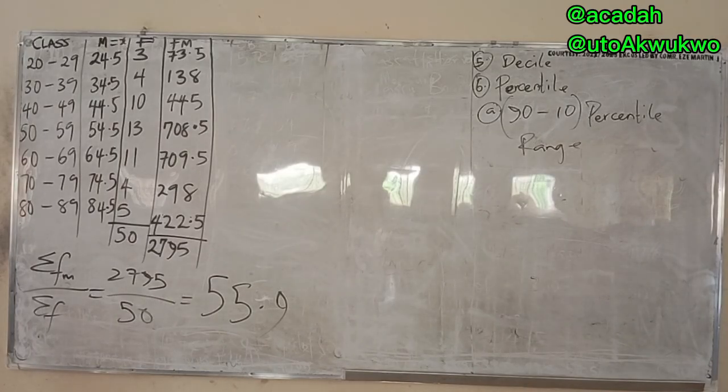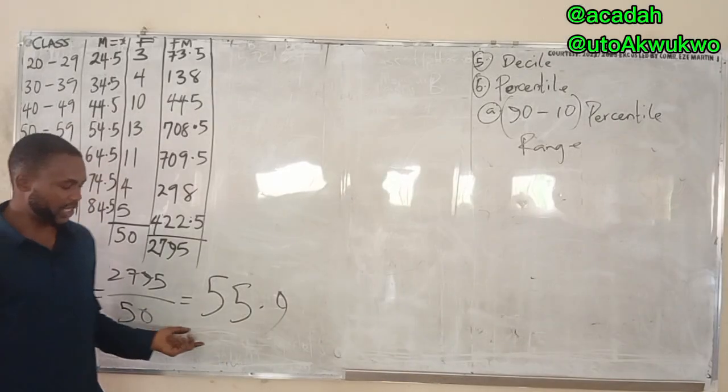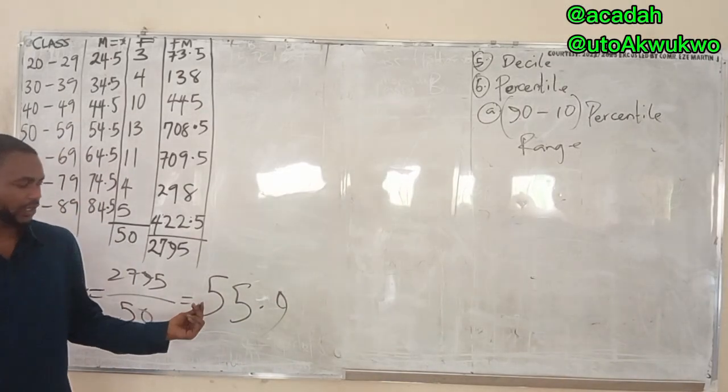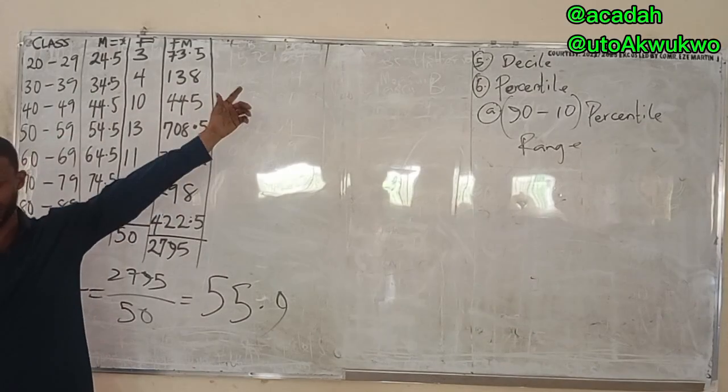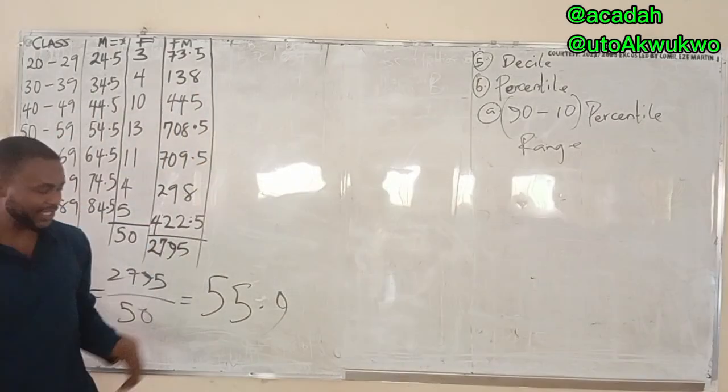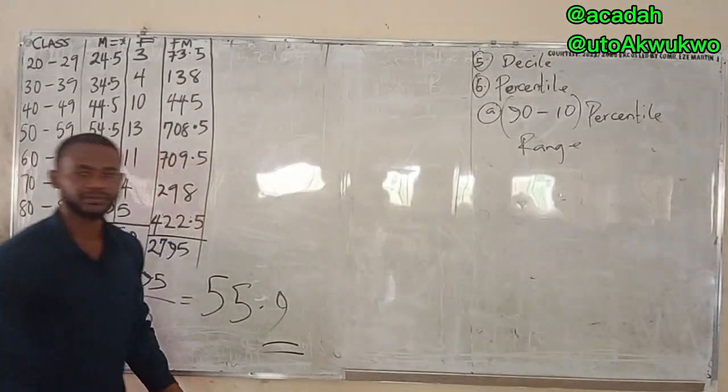You notice that the first one, we got 55.5. Here we got 55.9. So you can see that using grouped data, if you round this up, if you round the first one, it's still 56. That one is still 56. But you can see that we have an extra.